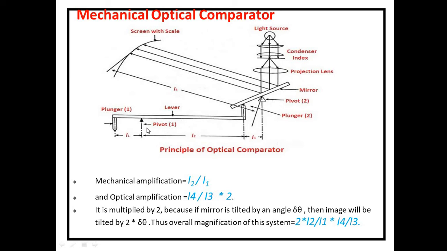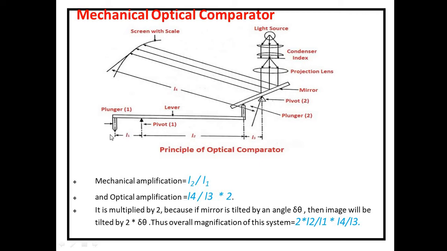Then there is one more plunger, which you can call plunger 2, and this is the mirror placed on pivot 2. The distance between pivot 1 and plunger 2 is called L2. This combination of L1 and L2 gives you the mechanical amplification, which is equal to L2 divided by L1.